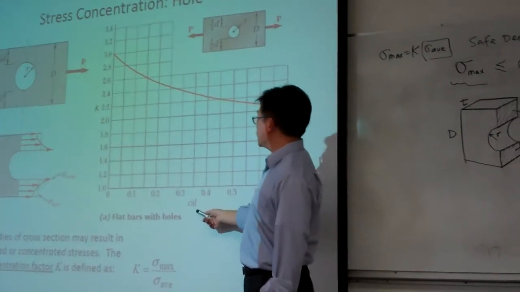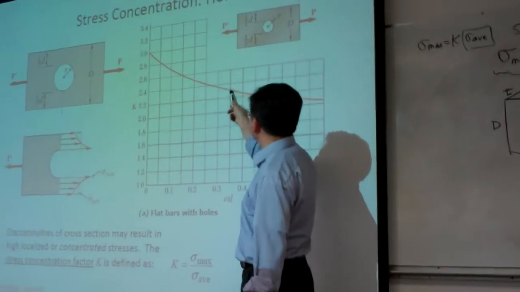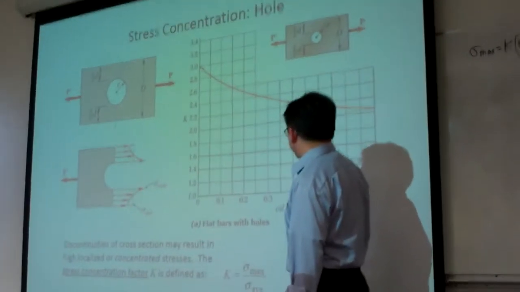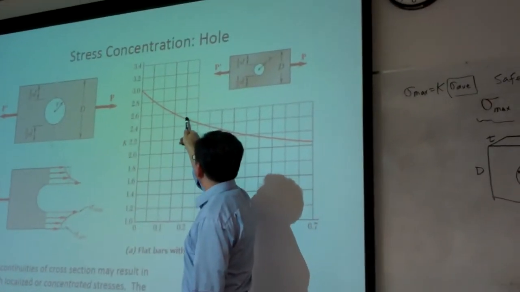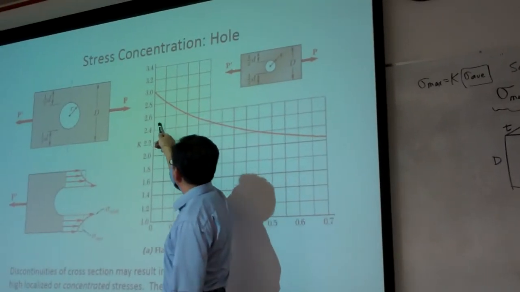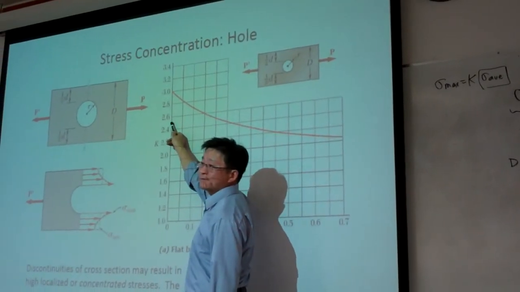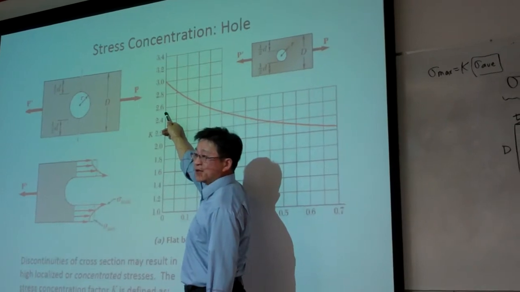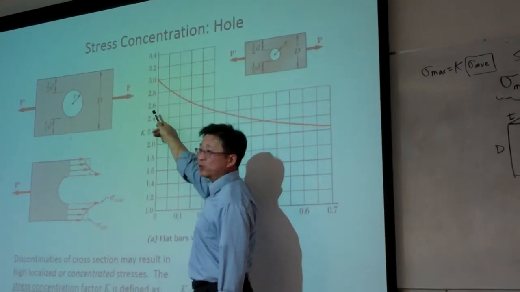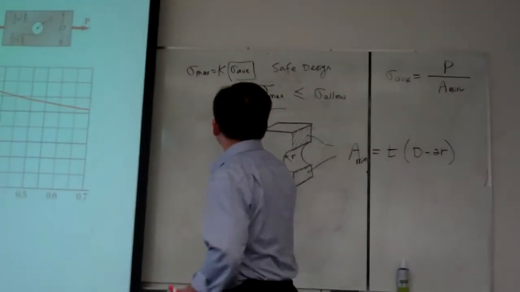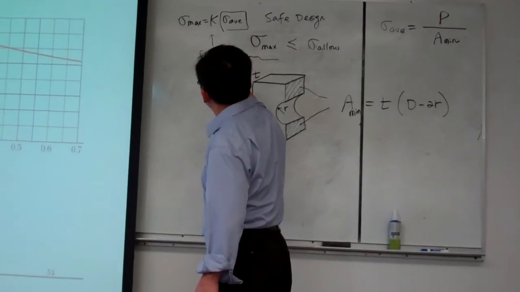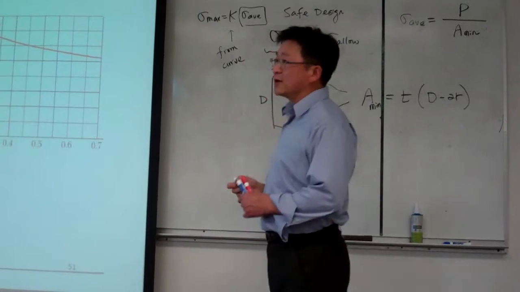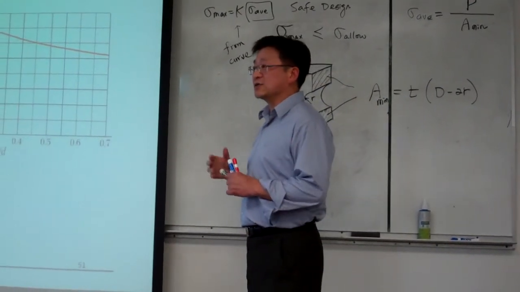Once we have this ratio, we can identify the corresponding K. For example, if the ratio is equal to 0.2, then the corresponding K will be about 2.5. Using this estimation, you will plug in K equal to 2.5 to here. So this one is from the curve. Then we can estimate the maximum stress.